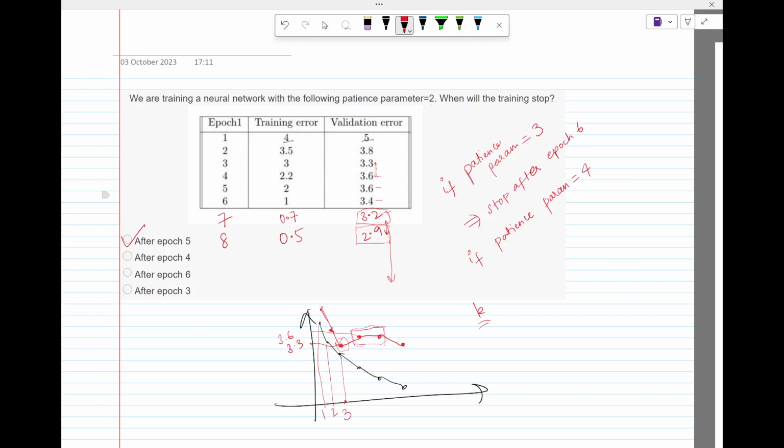If it goes below 2.9, then I'll continue training. If it doesn't, I'll stop at 2.9. So if here it was 3.6, 3.7, 3.9, and then 4.0, since the parameter is 4, I waited for 4, it did not decrease, so I stopped at 2.9 at the 8th epoch.